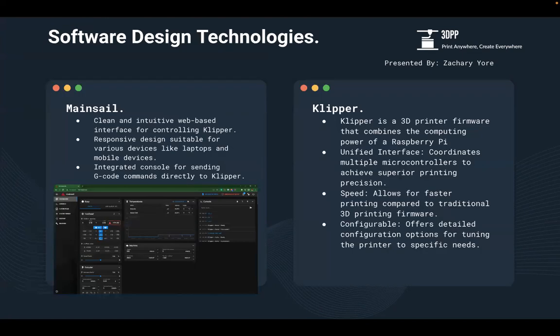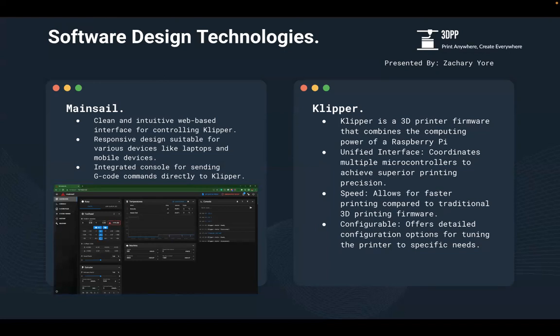So this is just a little bit more in depth of the software we're using. Again, Mainsail is our front end. As you can see here, you can pull this up on any mobile device or your laptop computer, it doesn't matter. You just have to be connected to the same Wi-Fi network. Essentially here, like I said, you can move your print head around, home your printer, as well as pick your prints.